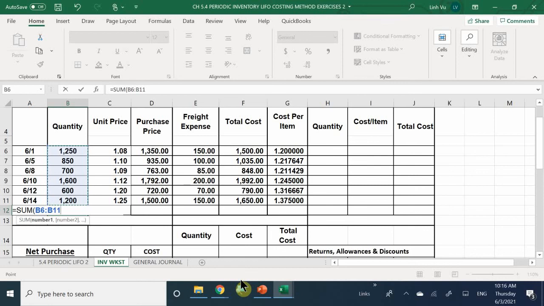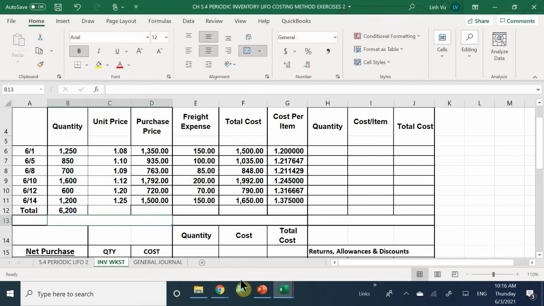$5,200. Okay, no worries. I wasn't sure, I was thinking really hard if that was right or not, but I got 6,200. Anybody else? Did they get the same answer?